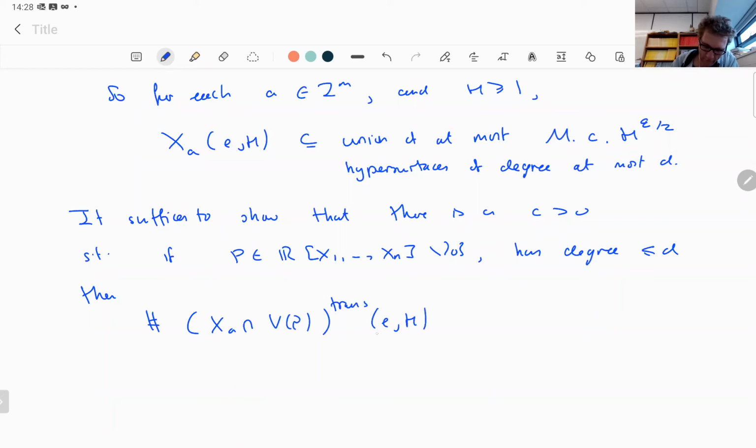So this is the fiber intersected with a zero set of P. I take the transcendental part, and then I look at the points of degree at most e, height at most H. I want to show this is less than or equal to C times H to the epsilon over 2.